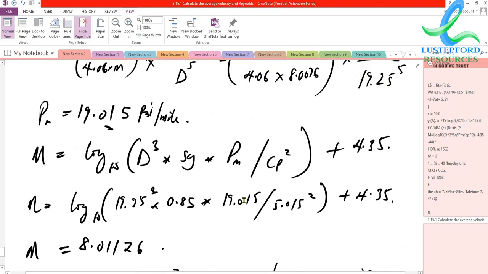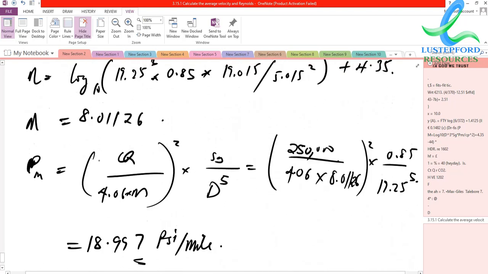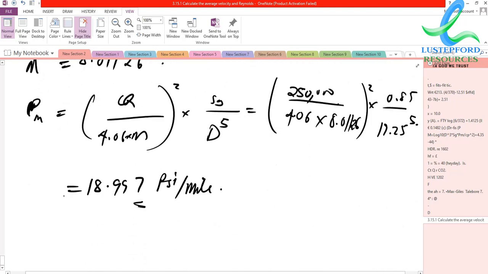If you subtract this from that, what will you get? Let's say 18.997. The other one is 19.015.